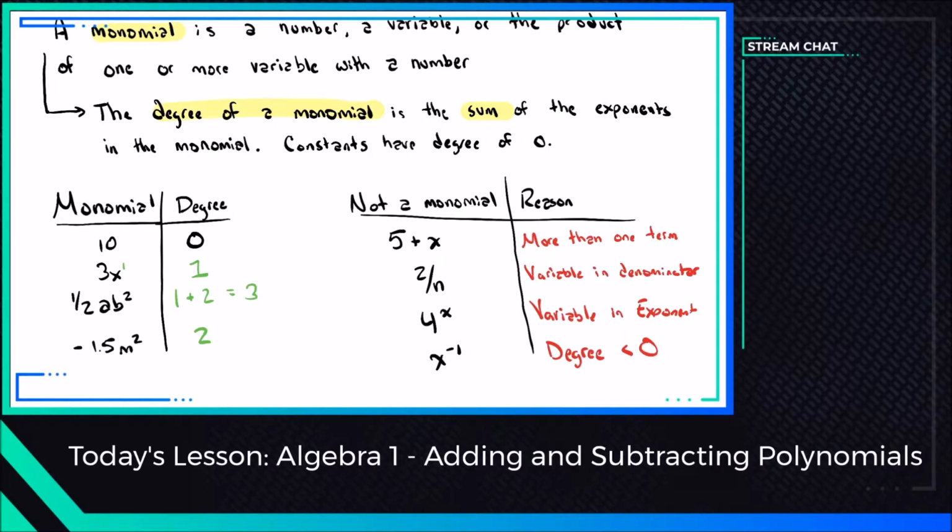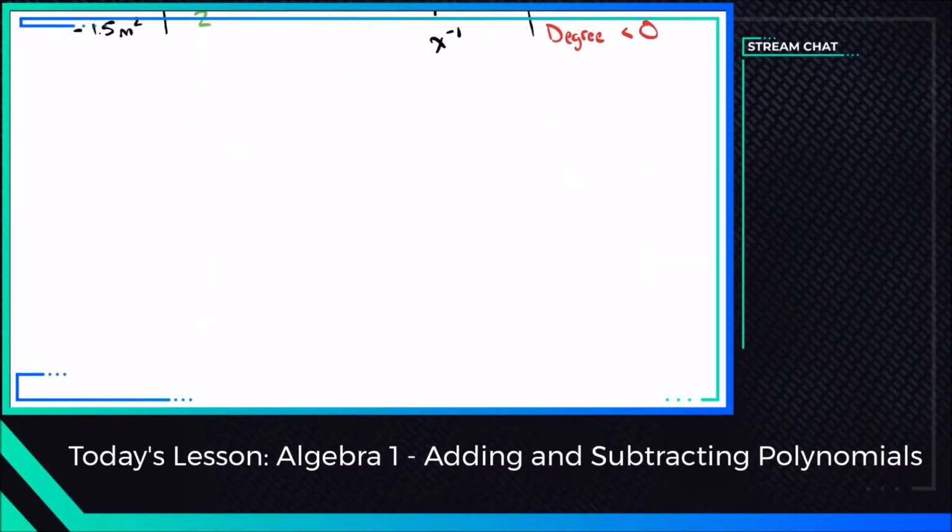All right, so we're going to start out by just finding the degree of different monomials. We're going to do some practice here. We're going to find the degree of each monomial. I'm going to list them all out first so you can start to think about what they might be in your head.